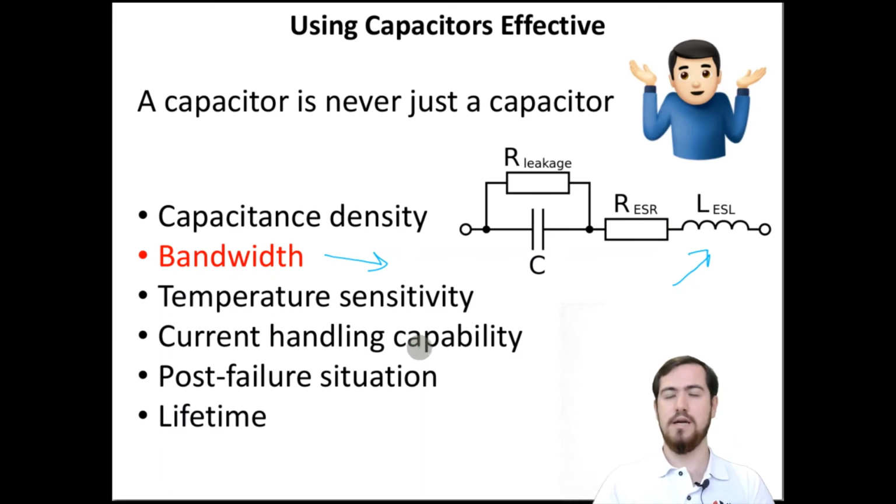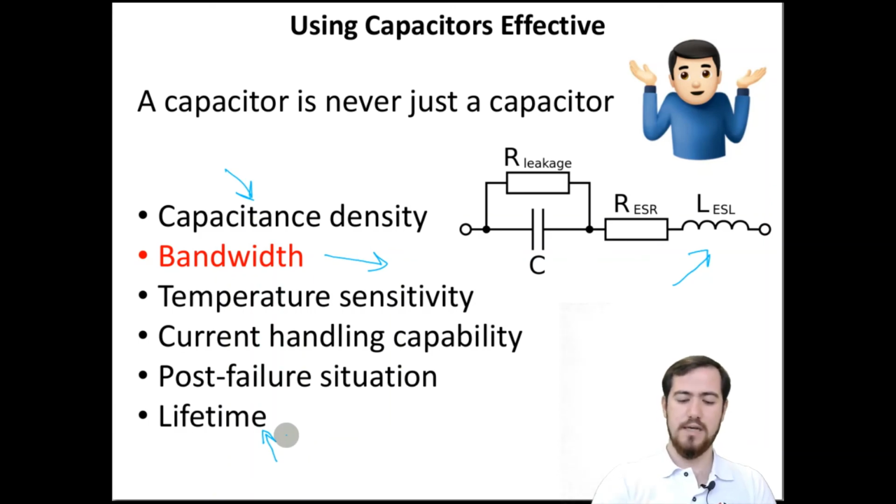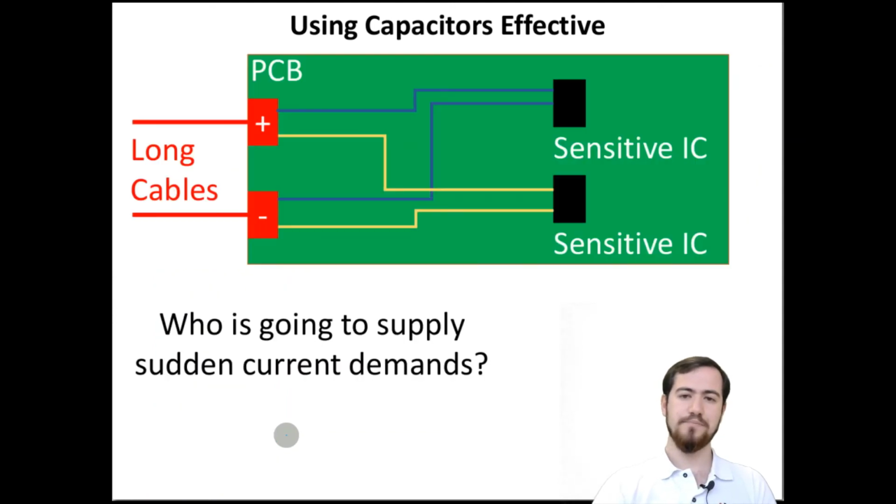For example, an aluminum electrolytic capacitor becomes a short circuit after a failure. However, a tantalum capacitor can be used even after a failure. However, the aluminum electrolytic capacitor has the highest capacitance density, so you can reach high capacitance values with small footprint areas. Moreover, for a product, the lifetime is also very important for the selection of capacitors, and these are the parameters that you need to focus on while designing your converters.